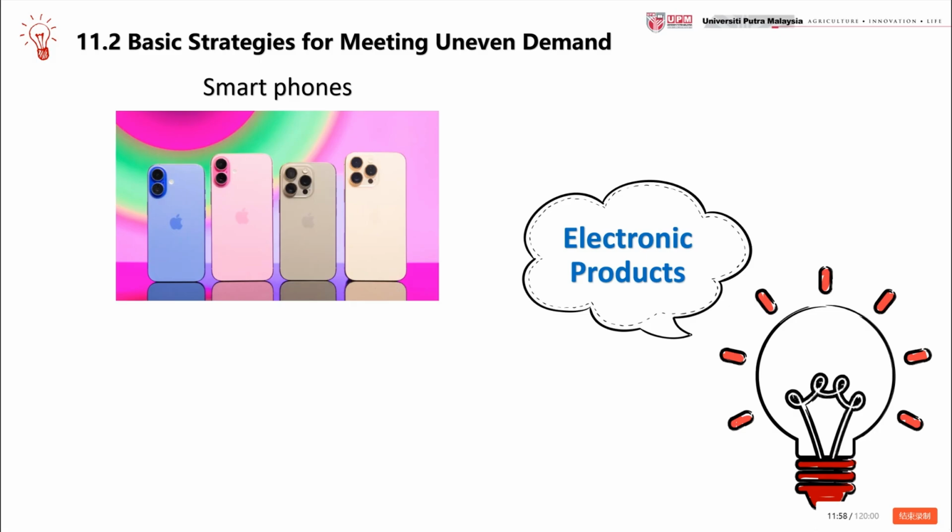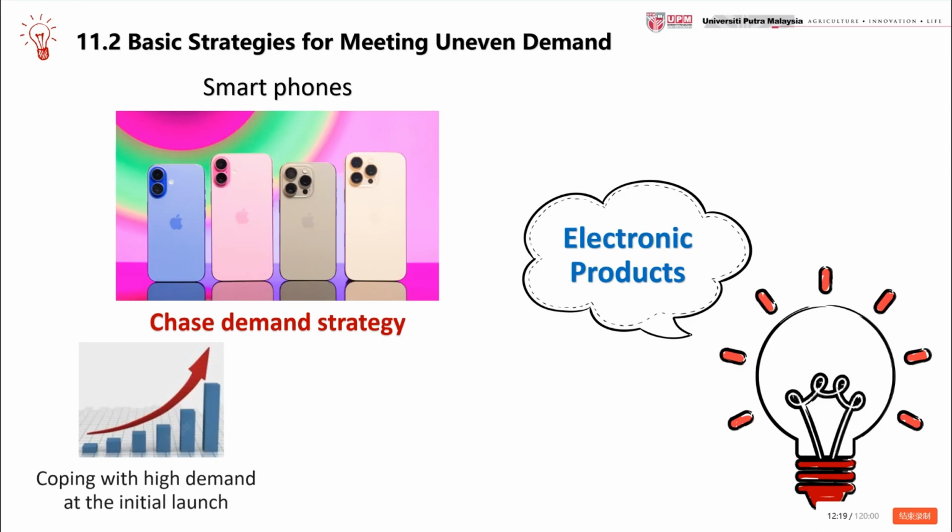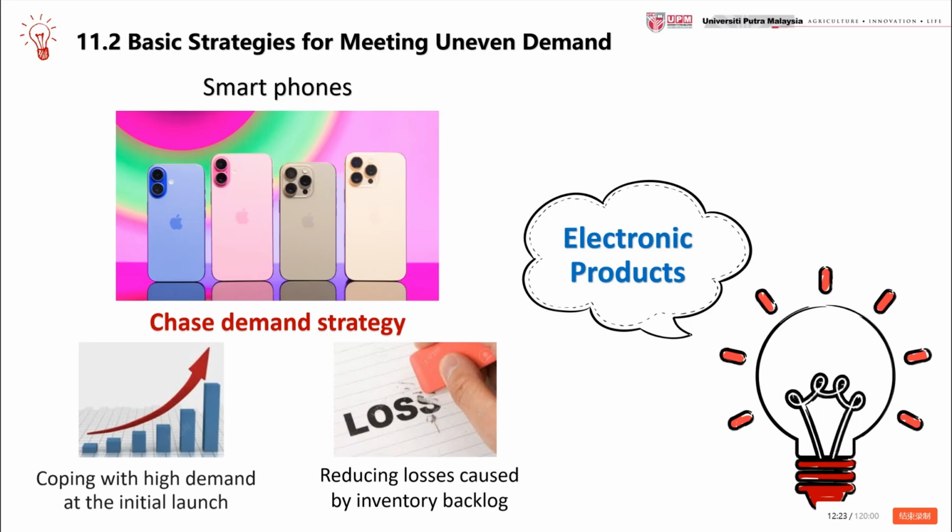I believe that everyone knows the company Apple. Apple usually starts to gradually increase production a few months before the release of a new iPhone to cope with the high demand at the beginning of the release. So with chase demand strategy, a company can cope with high demand at the initial launch and reduce losses caused by inventory backlogs at the same time.